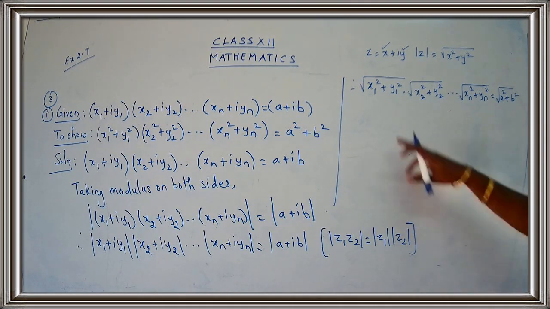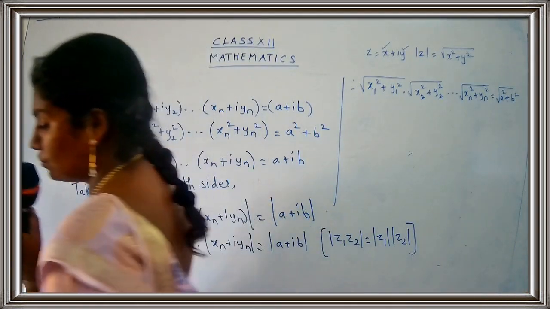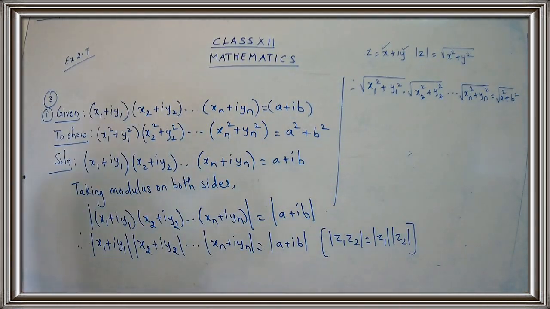So you get square root of x1 square plus y1 square into square root of x2 square plus y2 square dot dot dot square root of xn square plus yn square is equal to square root of a square plus b square. I hope you are able to see the step, children, there.